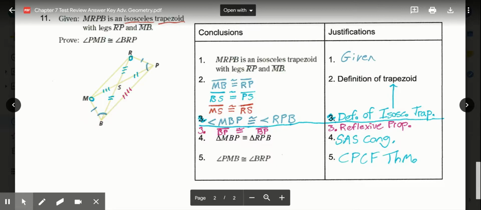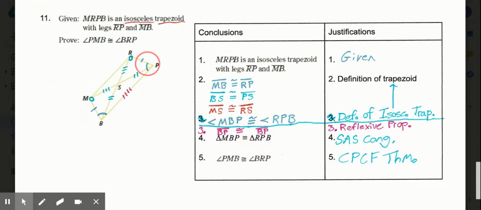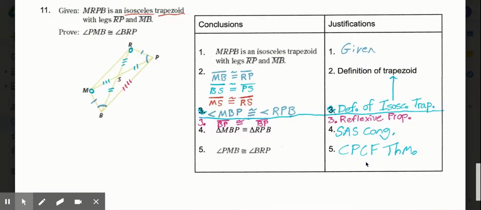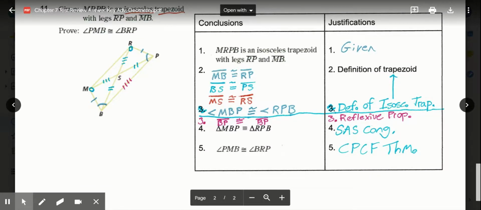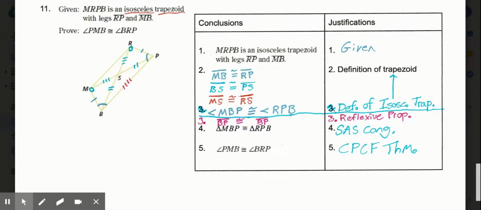Same thing on our other one, side, angle, side. So then once we've proven our triangles are congruent, the next step is using the corresponding parts of congruent figures theorem to state any of our corresponding parts. In this case, angle PMB was congruent to angle BRP.